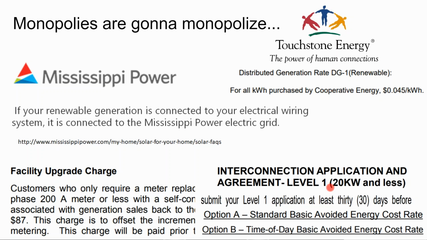But if you're not interconnecting to the grid at all, you don't have to deal with the interconnection application process or the associated fees involved. Now, some utilities are trying to have their cake and eat it too. They say, hey, look, if your solar array is connected to your home wiring, it is connected to our power grid.